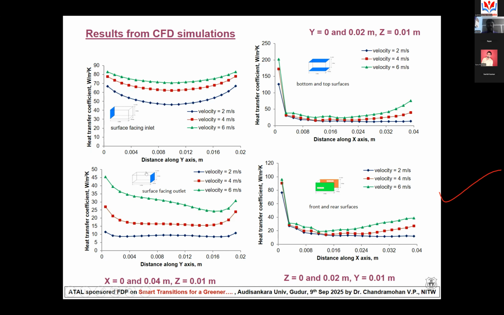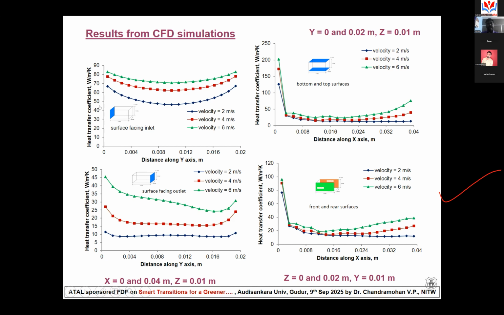Now, the same thing is plotted for the outlet surface, for different velocities. Here also, when the velocity is increasing, the heat transfer coefficient is increasing. But if you compare the surface facing inlet and the surface facing outlet of the food product, on the surface facing inlet the values range from 50 to 84 watt per meter square Kelvin, but on the surface facing outlet the values lie between 10 to 45 watt per meter square Kelvin.